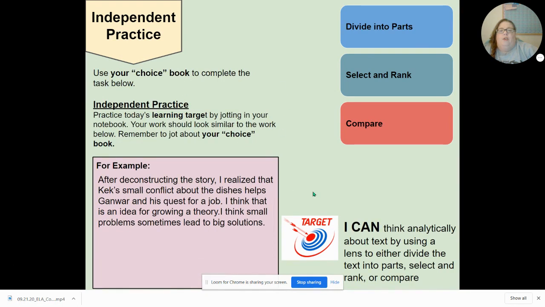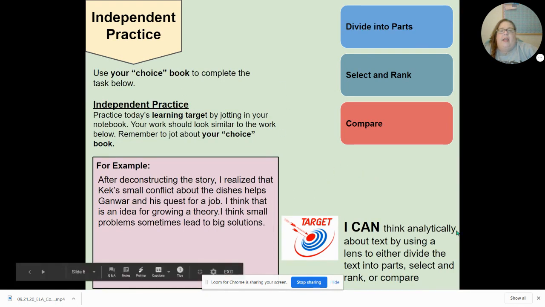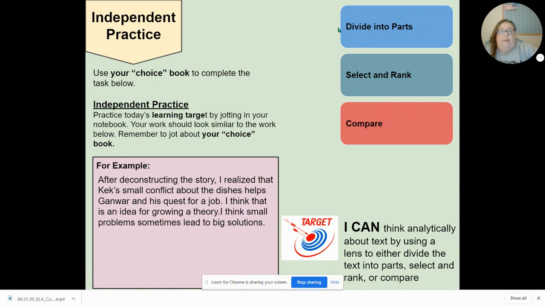So today, boys and girls, our learning target is I can think analytically about the text by using a lens to either divide the text into parts, and when we talk about that with literature, we're talking about the elements of the story. I can select and rank certain parts in the text.